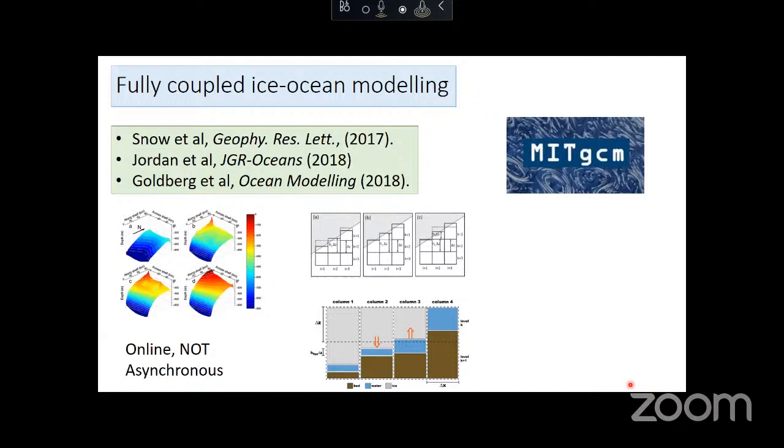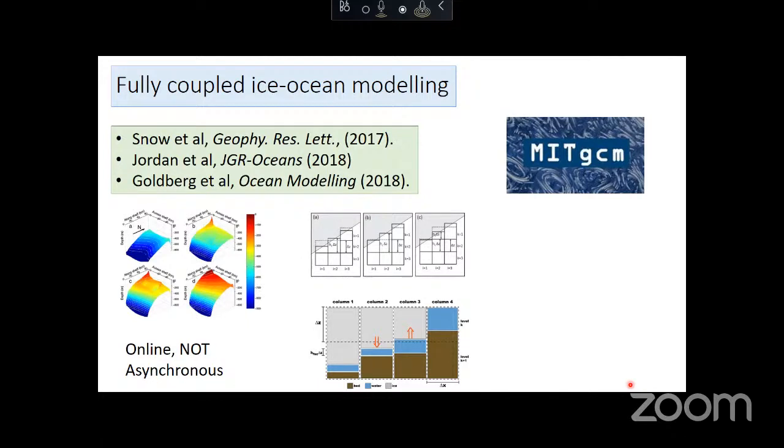So the next step in this series of studies was to address that question of what happens to Smith Glacier over time, over several decades, if the ocean circulation is allowed to evolve freely under this growing ice shelf cavity.